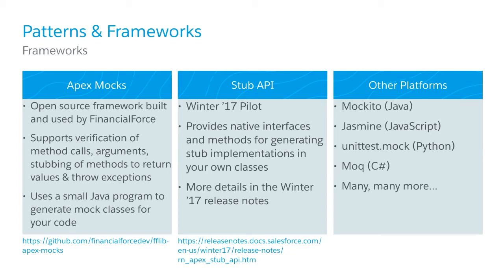At the moment, it generates all of the mock classes for you. You saw all of that nonsense I was writing on the slides for my simple example. There's a small Java program that you use with Apex Mocks that generates all of that nonsense for you that you need for it to work. So all of that grunt work you don't have to do. You just get on with writing your tests using the classes they provide.